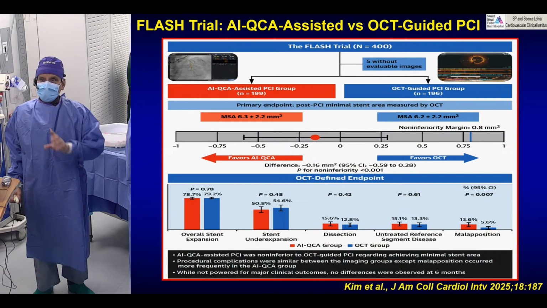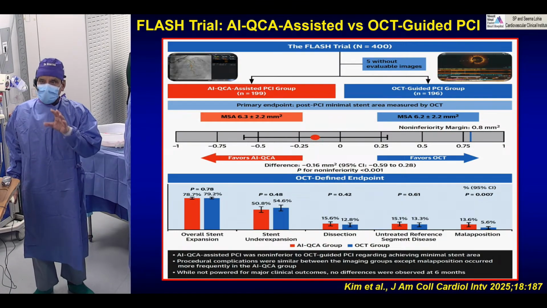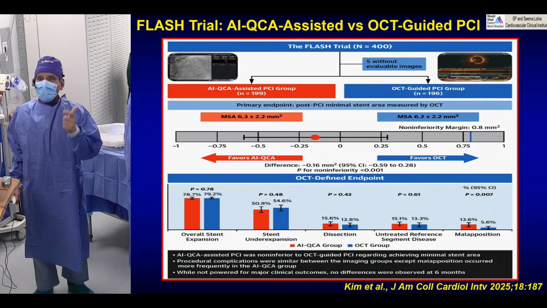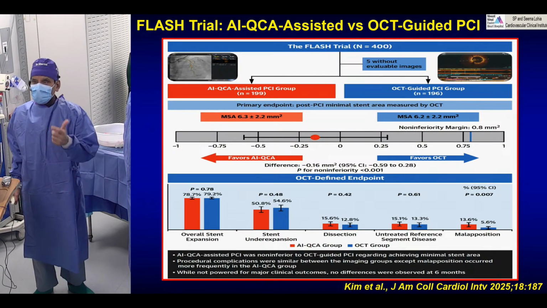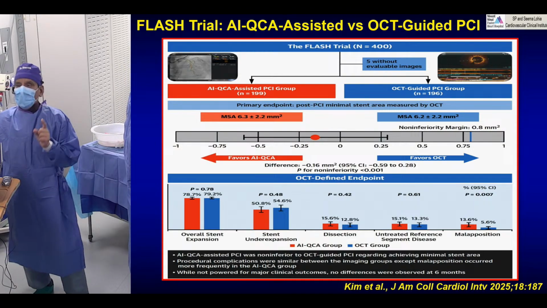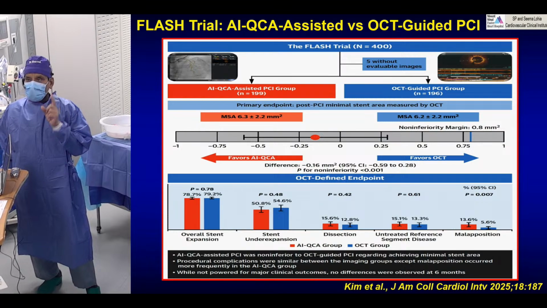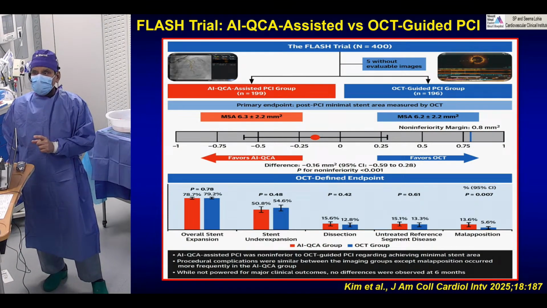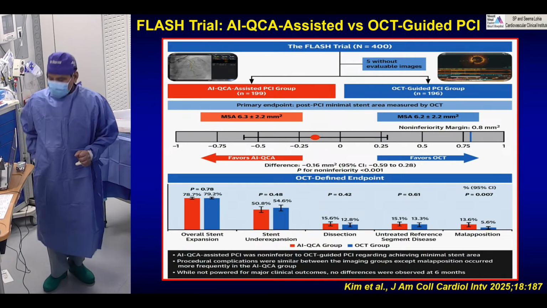Other important endpoints, stent expansion, underexpansion, dissection, untreated reference vessel, were all identical. The only difference was malapposition: 13.6 versus 5.6 in the OCT.